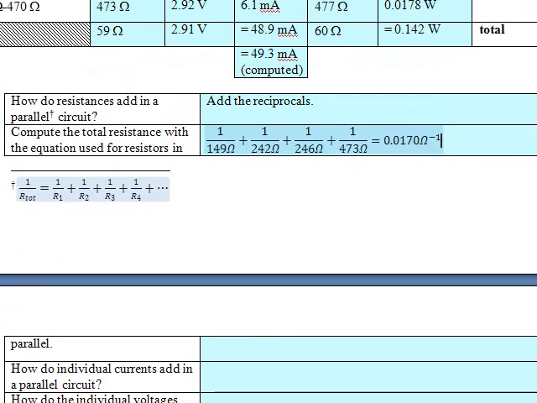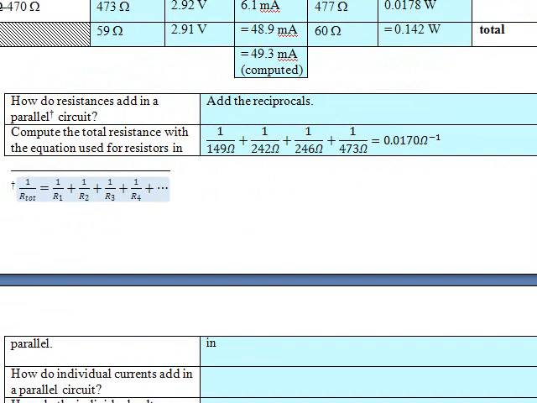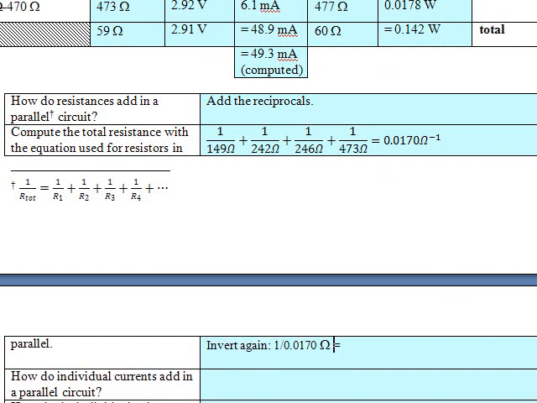So invert again, and 1 divided by 0.0170, and at this instance I'm allowed to write ohms because that will be in ohms.